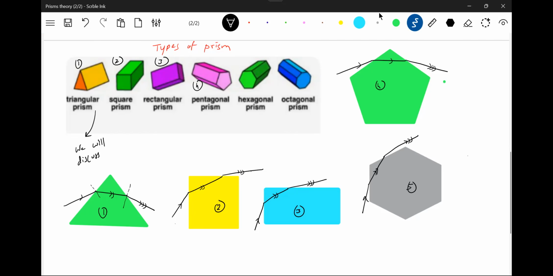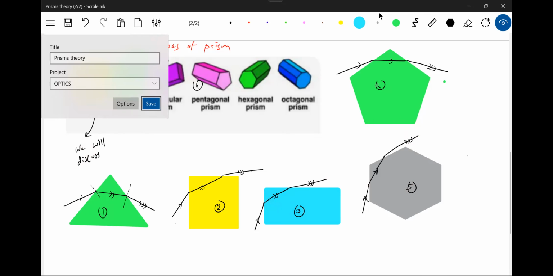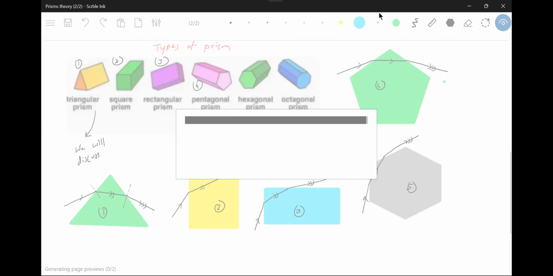I can't draw that octagonal prism, so let me just show that one. Sometimes we discuss some problems of this kind. Maybe sometimes we do encounter them. So you need not bother. What all we discuss for the triangular prism, those same ideas will be applicable for all these remaining types of prism. So that's why we'll just focus. In our syllabus, more priority will be given to the triangular prism only. Okay, fine. Now we will get into the next part, this will conclude the theory part.